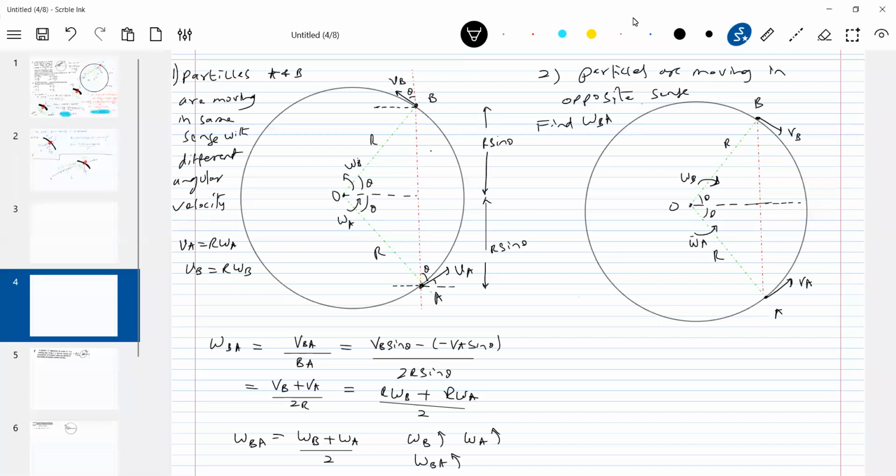The line joining AB should be equal to how much? AB equals 2R sin theta, like what we did earlier. So here omega BA is equal to which velocities are you now going to use? So this is theta. This should be theta, no? And this is theta. This is theta.